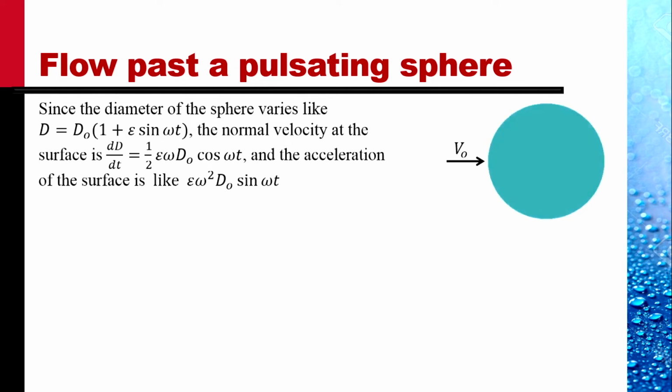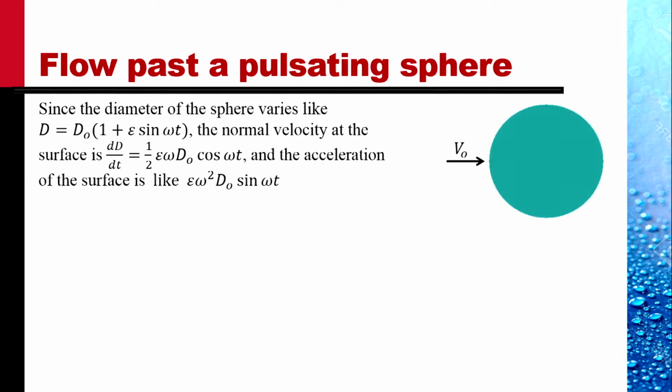Since the diameter of the sphere varies like d equal to d0 into 1 plus epsilon sine omega t, the normal velocity of the surface is the first derivative of d, which gives 1/2 epsilon omega d0 cosine omega t.